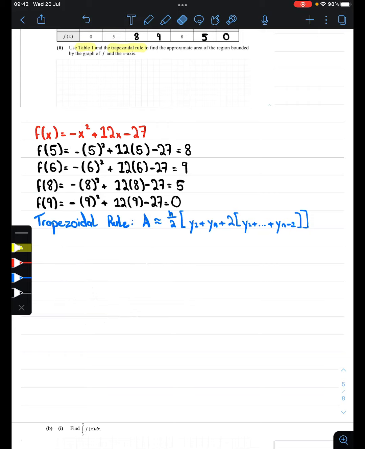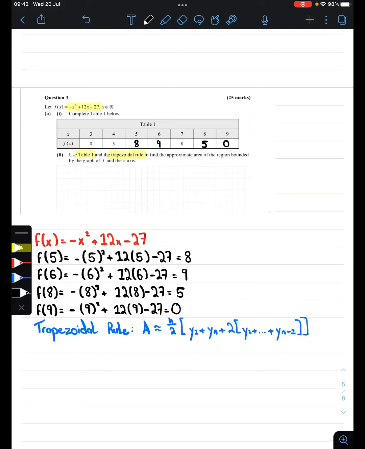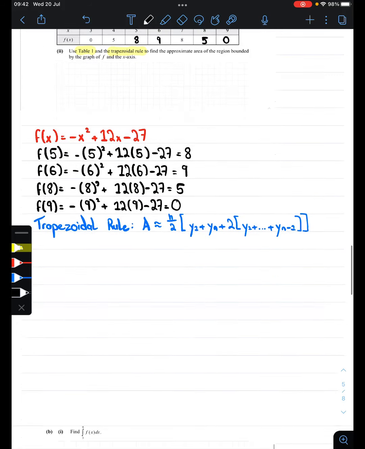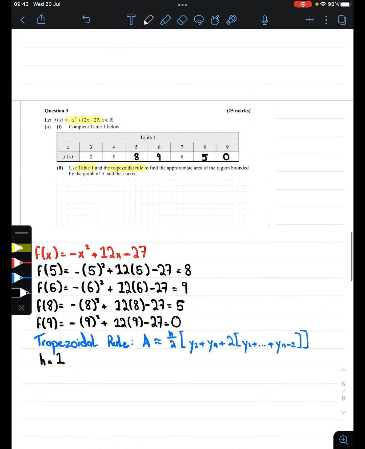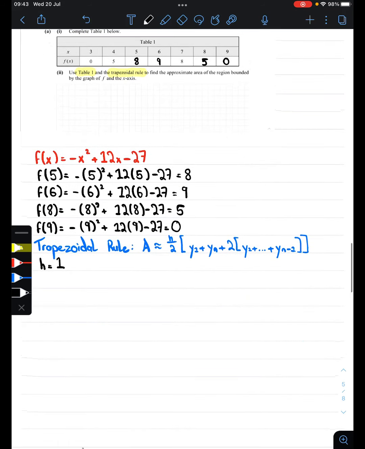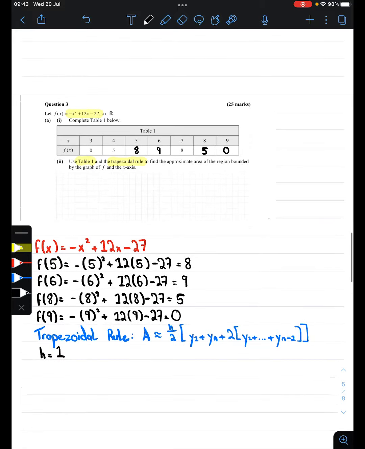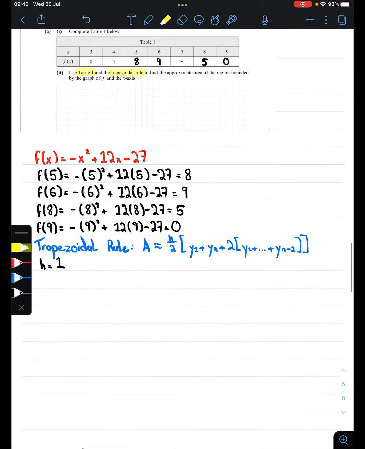So in this case, the distances between the x's is just 1, 3 to 4, 4 to 5, so h equals 1. And the y's are the values in the table. So y1 and yn, the first and last value that we have, those are both 0.